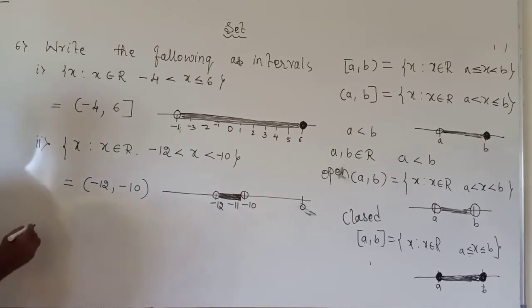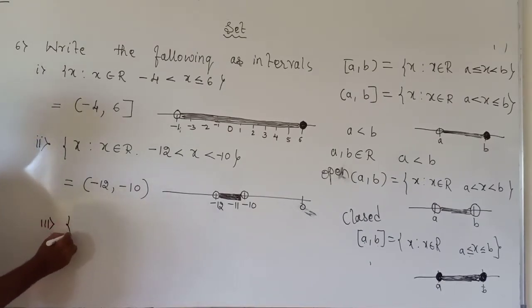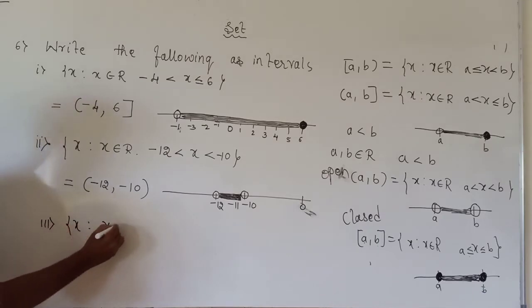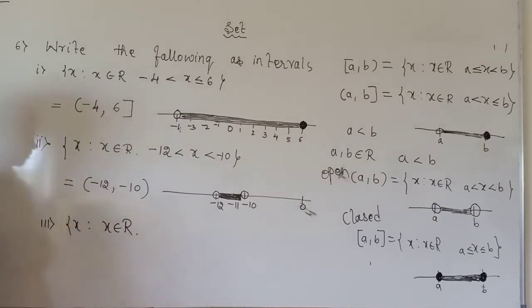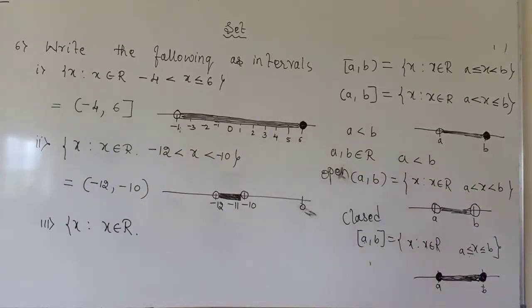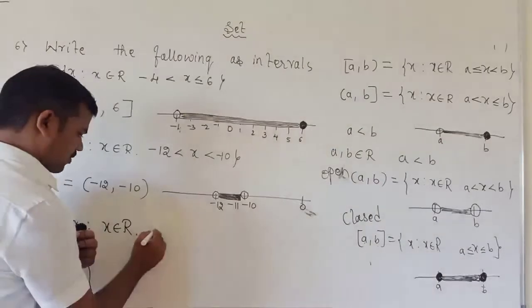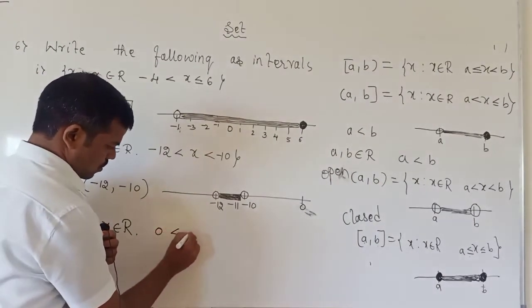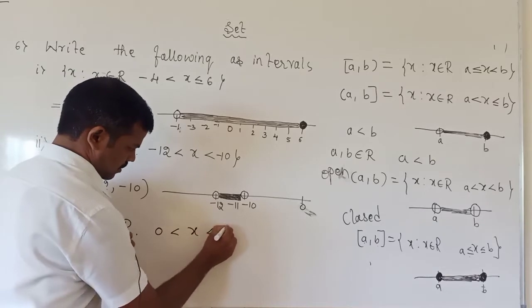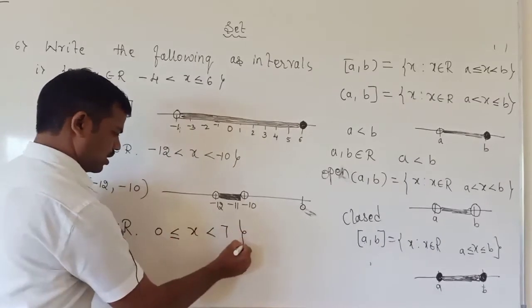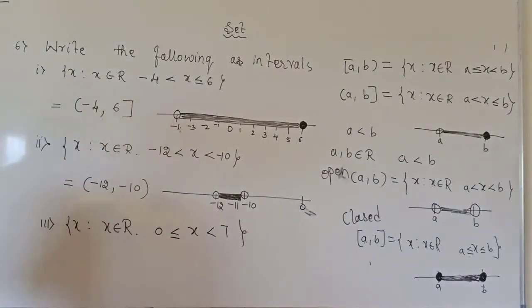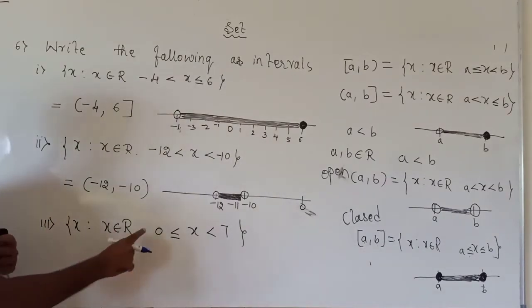So next we come to the third problem. The collection of x, x belongs to the real numbers, 0 to 7. So 0 is included, but 7 is not included. So which type of interval is it?